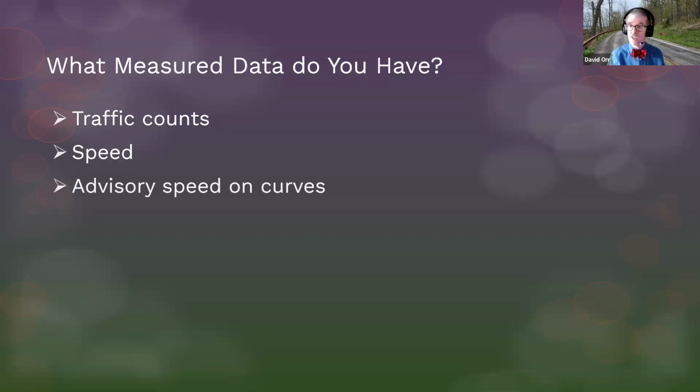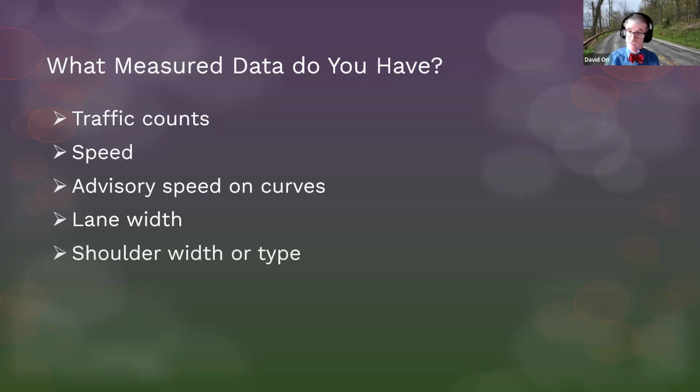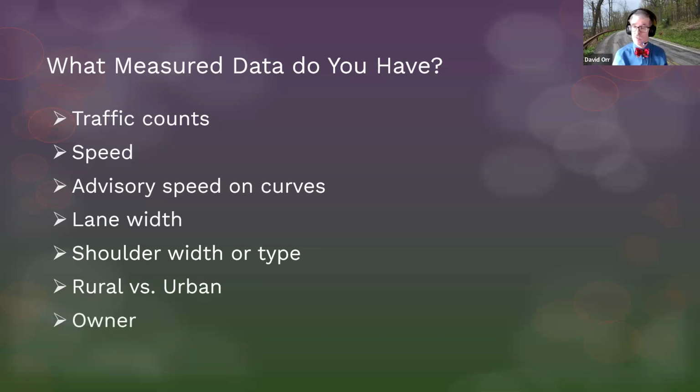The advisory speed on the curves could be useful for something. Your lane widths, again, you're supposed to have that for your CHIPS report. Your shoulder widths and types, so you have curbs and gutters and things like that. Is it rural versus urban? That can make a difference because of typical speeds that people drive and the land use around it. Who's the owner of the road? Most of the time when we do local road safety plans, we can't just do a single owner.